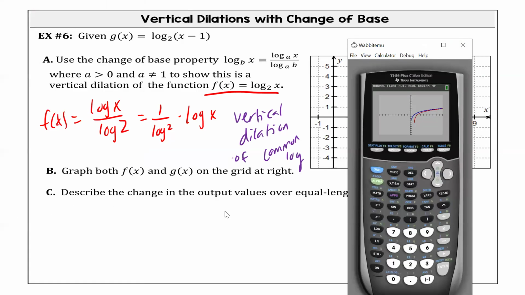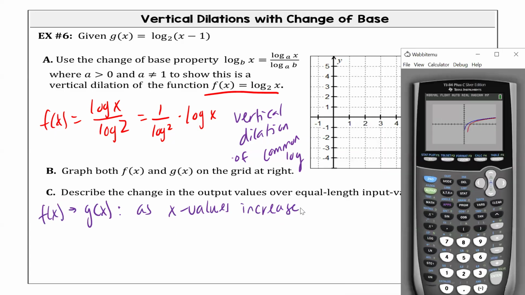It says describe the change in the output. So from f of x to g of x, what took place? Well, as x values increase, was there any change to the y values? No, there was no change to my y values.